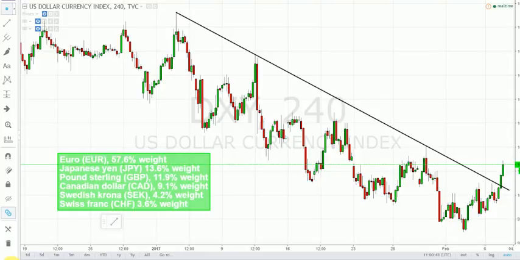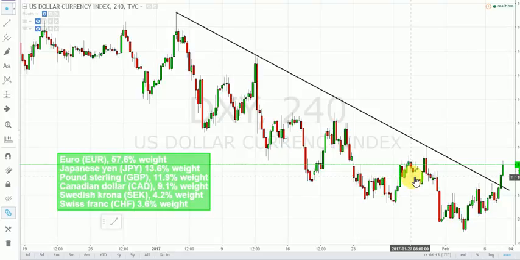Those currencies aren't weighted in the same way, as shown in this text box down here. The euro is given far more importance, with a 57.6% weighting when it comes to this calculation. But it just gives an overall representation of how strong the dollar is compared to 6 other important currencies.